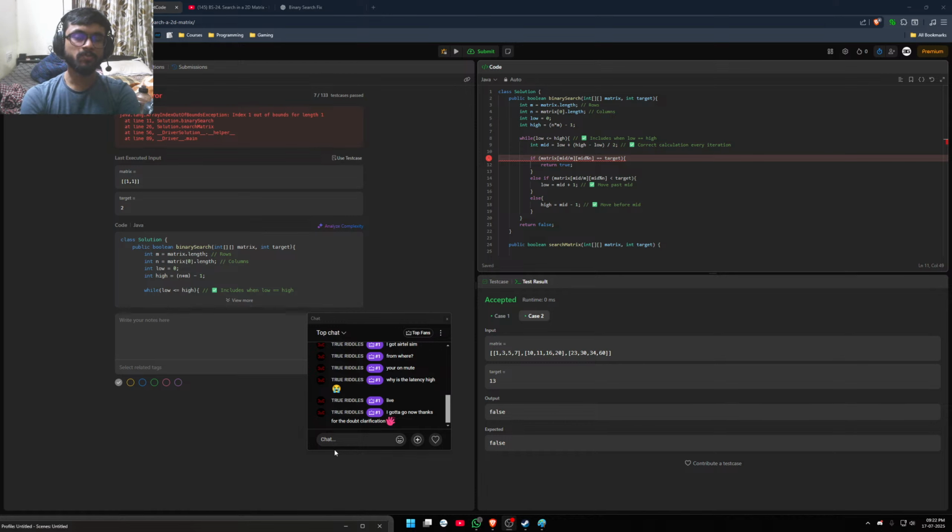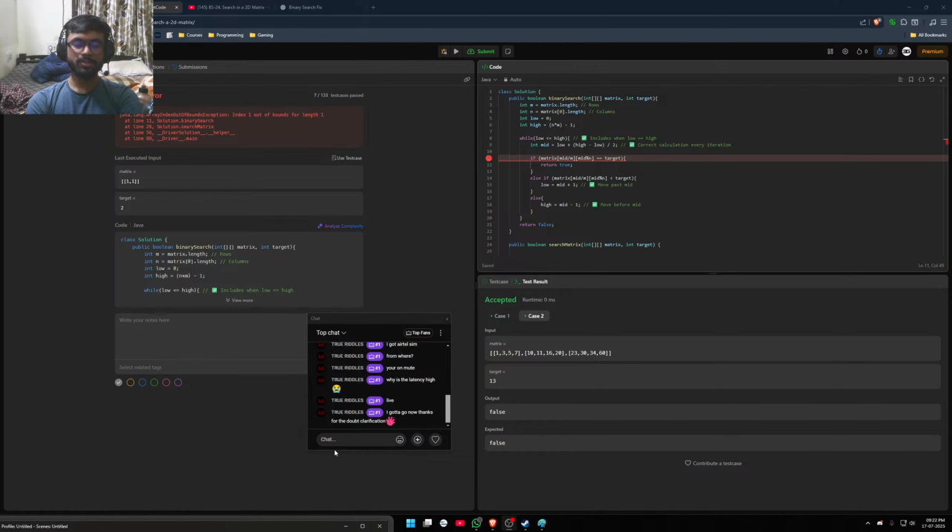So what's happening here? Here, what is mid? Low is 0, high is 1. And mid will also be, oh, mid will be 0.